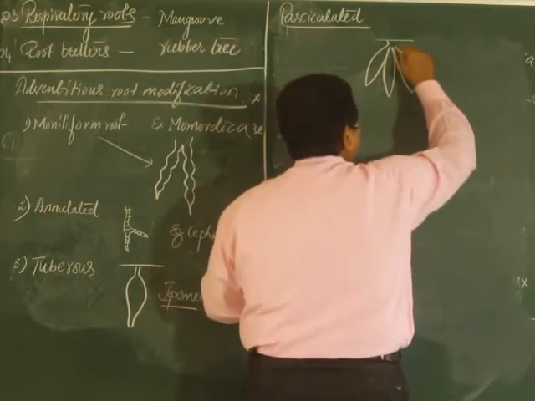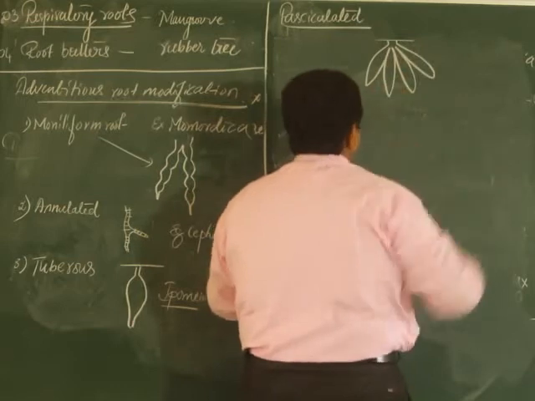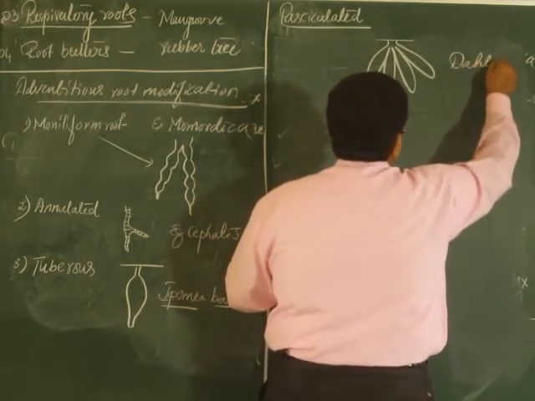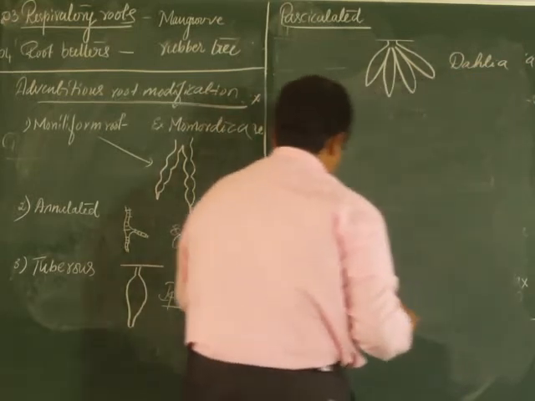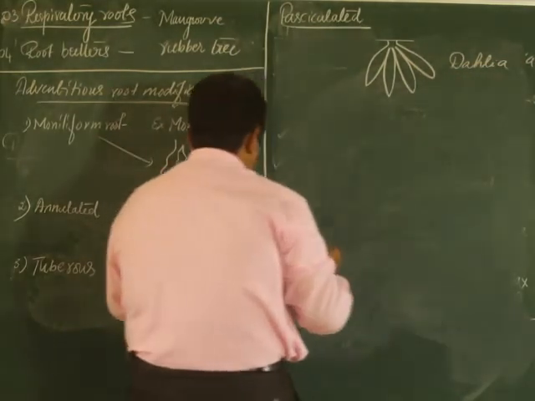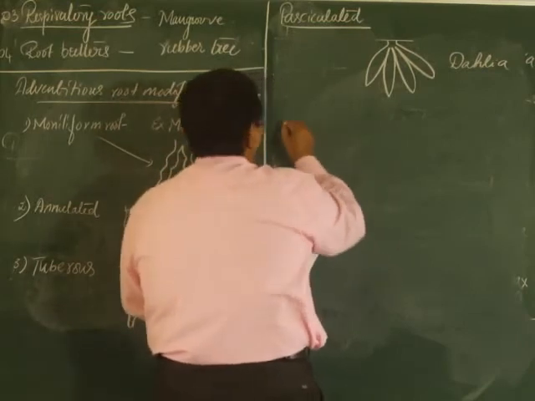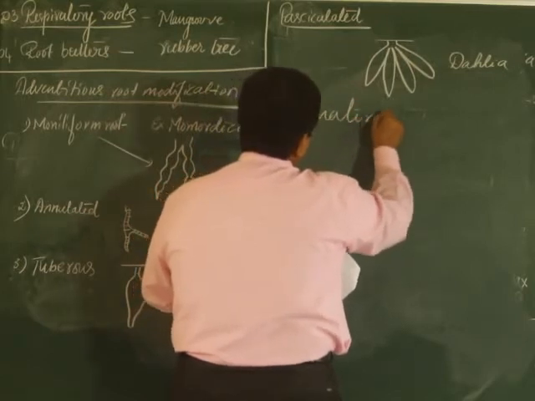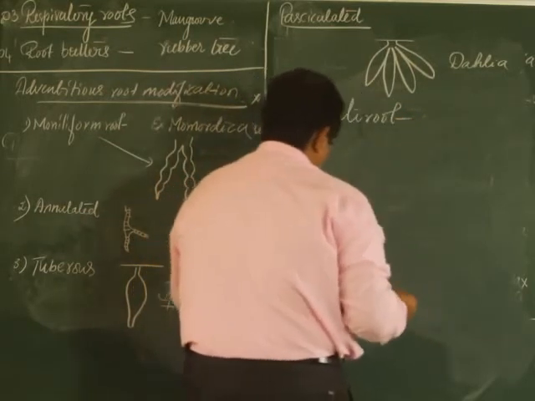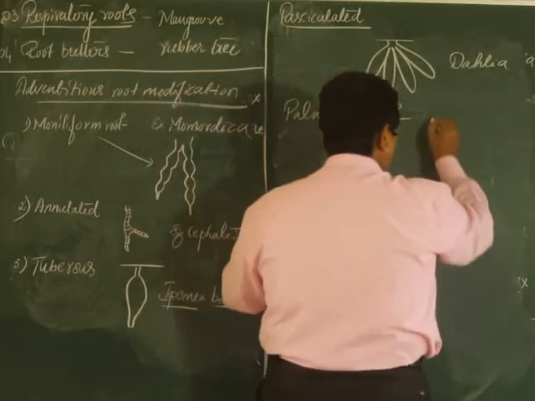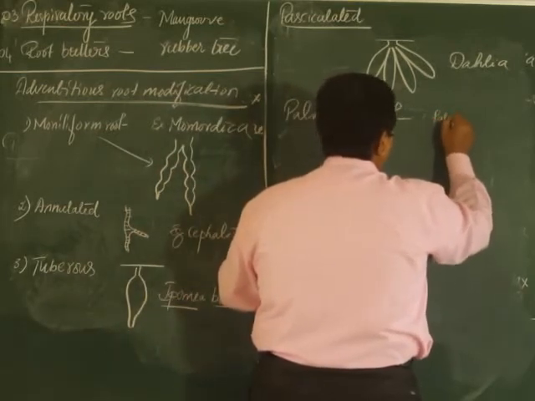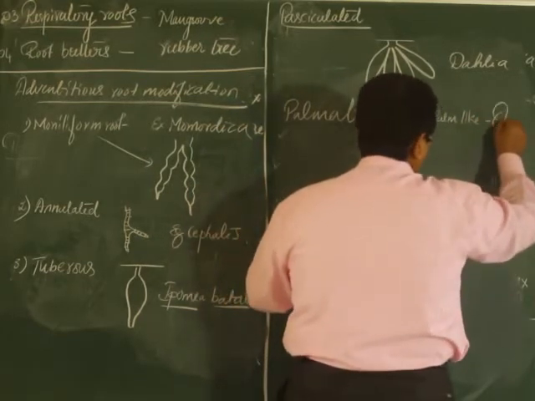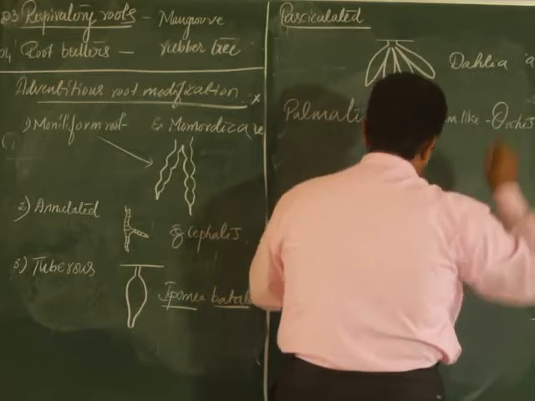I think you might have seen a dahlia plant, and in that plant we observe this type of root. Palmate root. It looks palm-like. It is seen in Orchis.